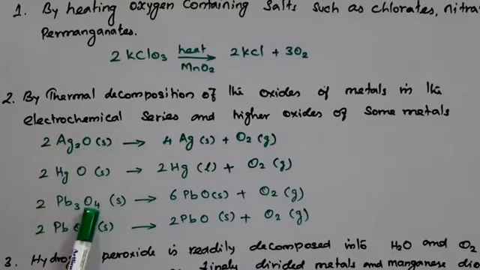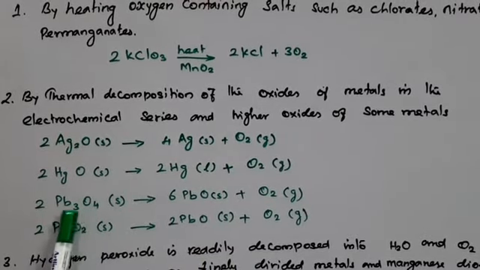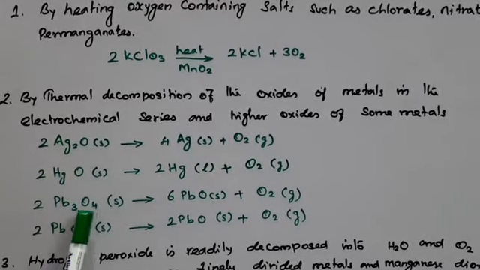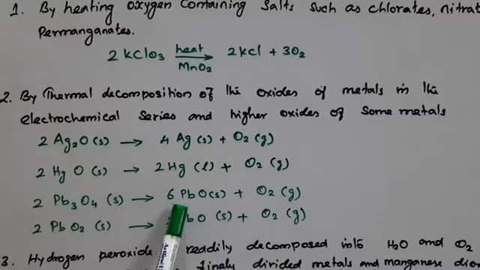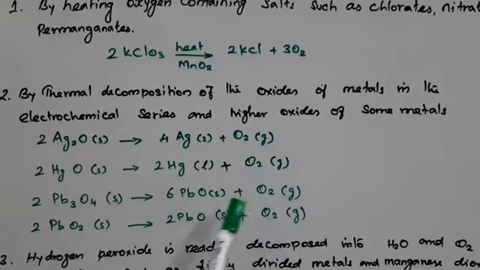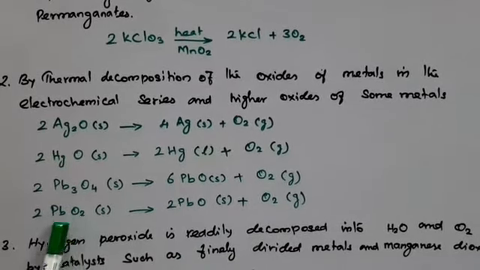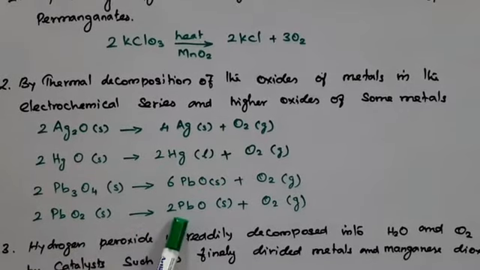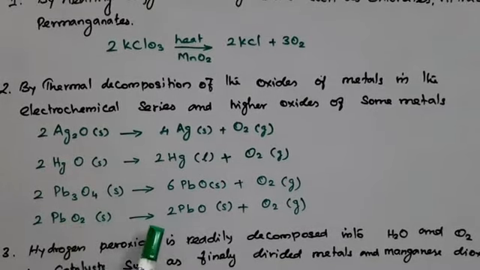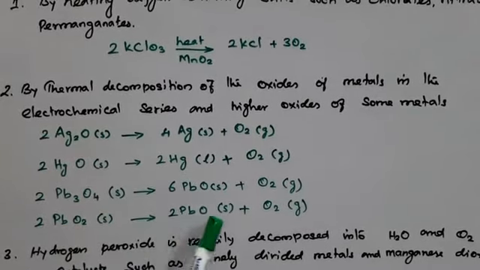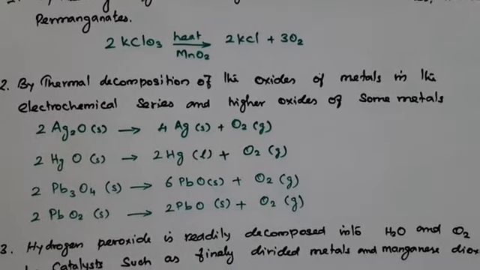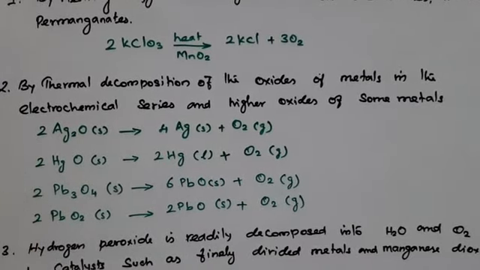Pb3O4 means lead tetraoxide, which gives lead oxide plus dioxygen, and PbO2 means lead dioxide, reduced to give lead oxide plus dioxygen. This is another method.